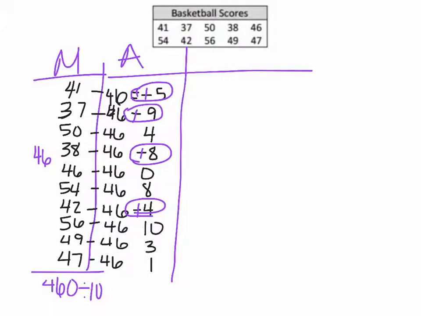All right. So now I'm going to bring that into my deviation column because I need to know how far each number deviates off the average. So I'm going to bring over my 5, 9, 4, 8, 0, 8, 4, 10, 3, and 1.